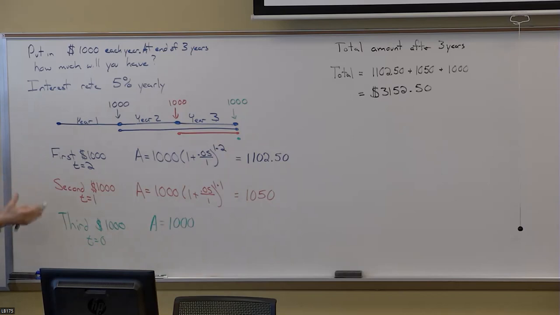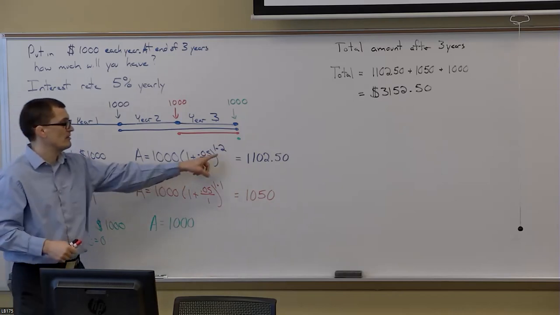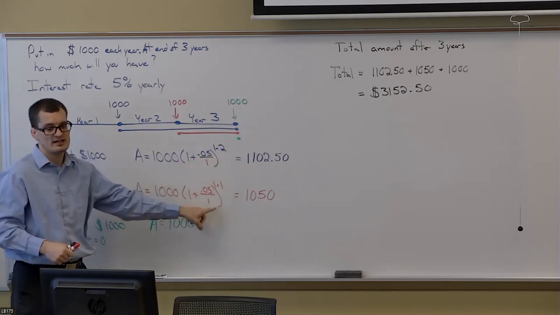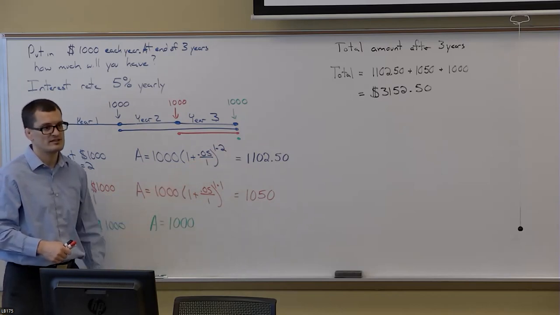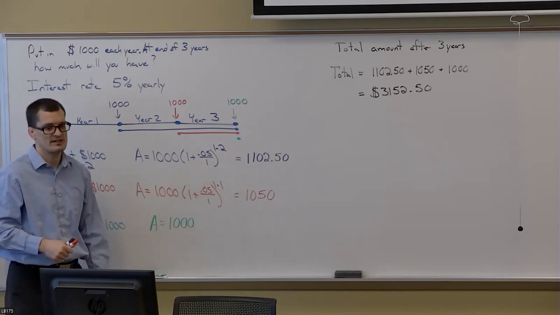And if we had a 4th year and we added another $1,000, well, then all of these exponents would go up from 2 to 3, 1 to 2, 0 to 1, and then we add another $1,000, right?